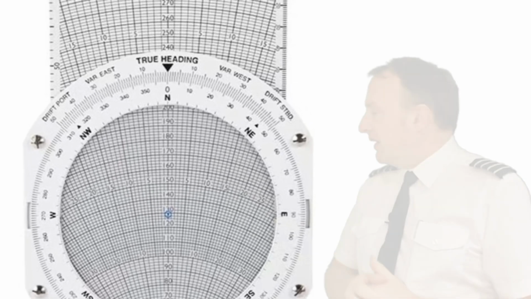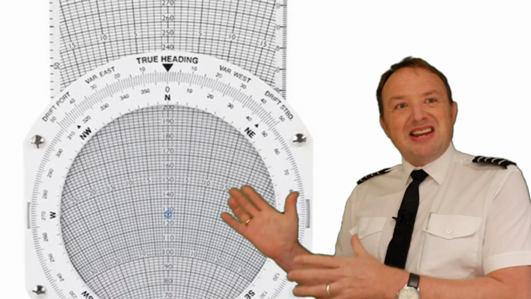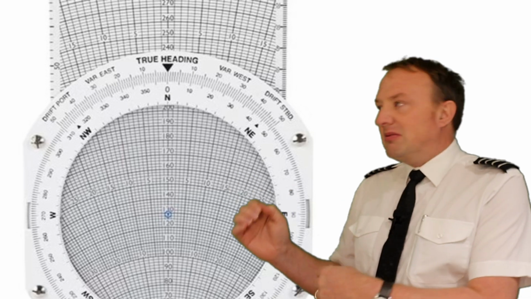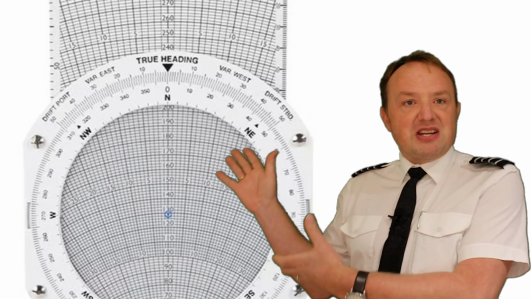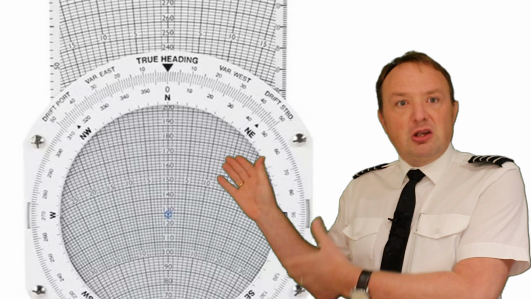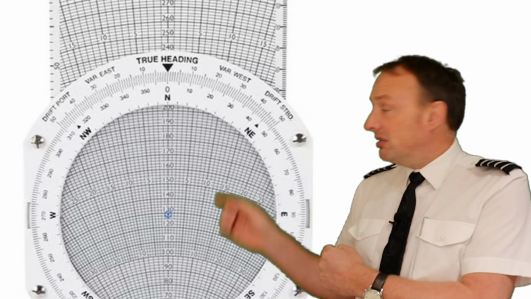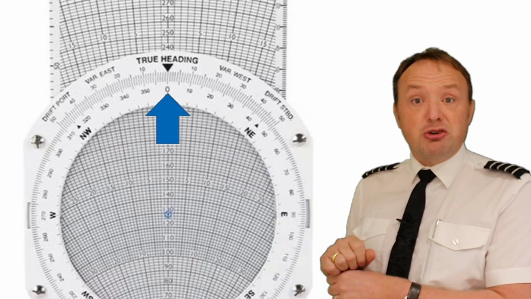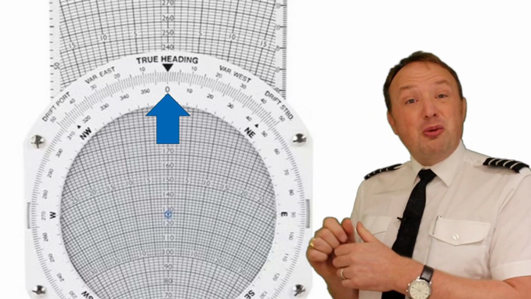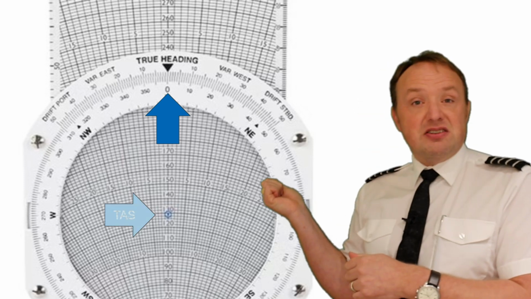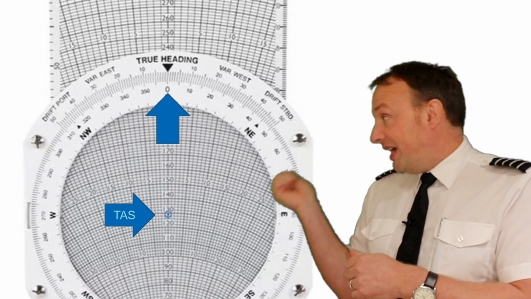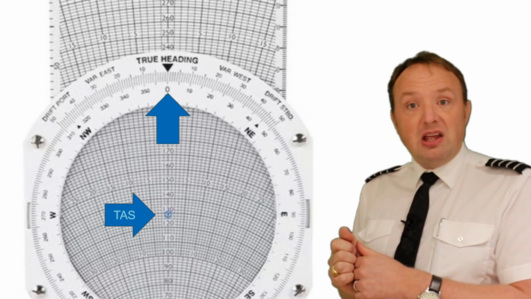The CRP5 wind side presents this information in what I like to call the default setting, or the default position, where the aircraft's heading is there, where it says true heading, and its true airspeed is under the centred dot. So there is the air vector.